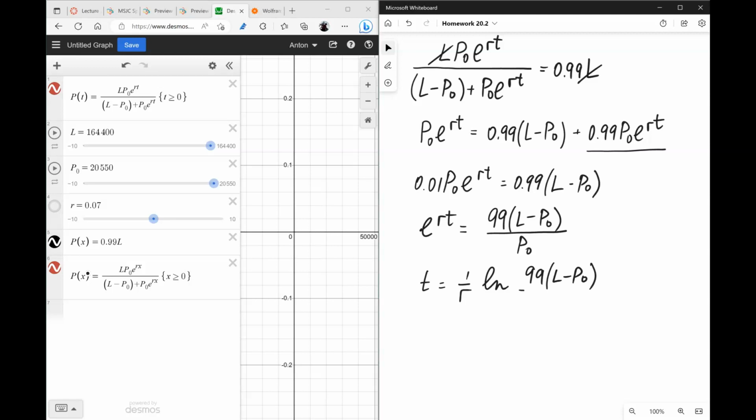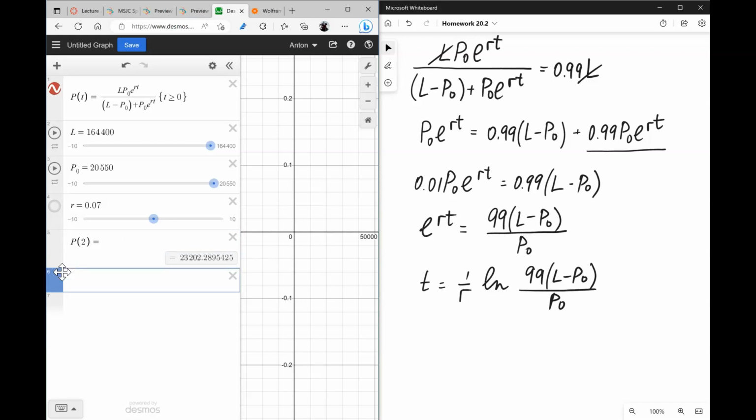I wonder if it's some sort of formula. So let's just throw it in here. We're going to have 1 over r ln of 99 L minus P0 divided by P0.